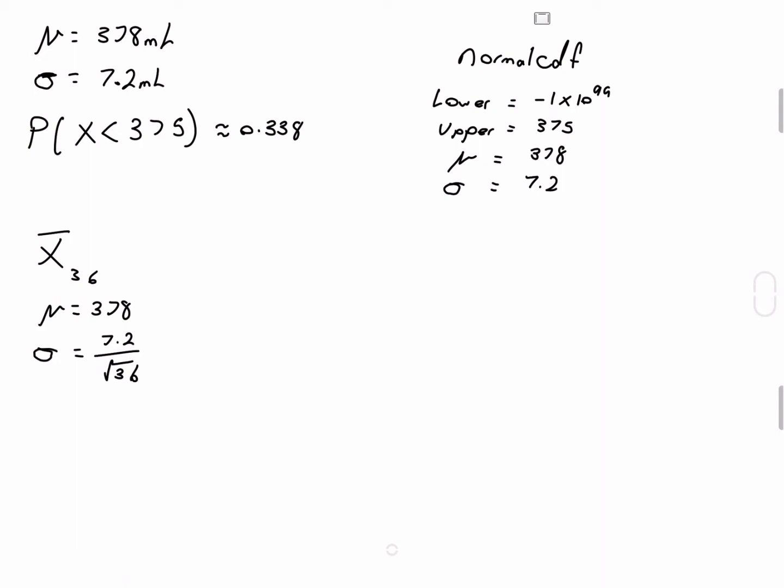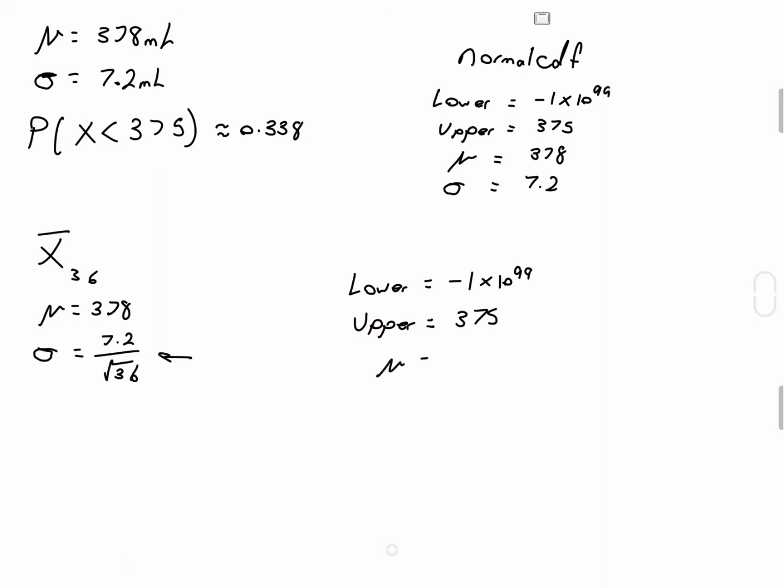Again, we plug these into our calculator, except our lower, our upper, our mean are still going to be the same. The only thing that's changing here is our standard deviation. We're going to use this one instead. So for this example, you're going to have lower still being the same as minus 1 by 10 to the power of 99. Our upper being equal to 375.